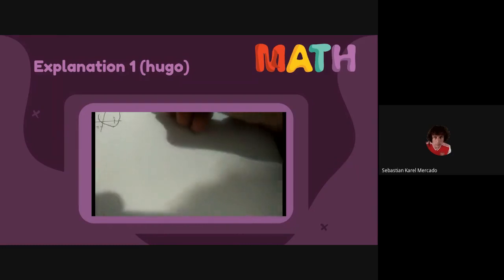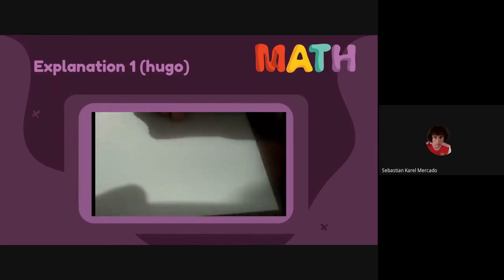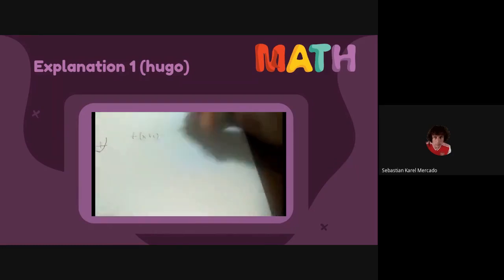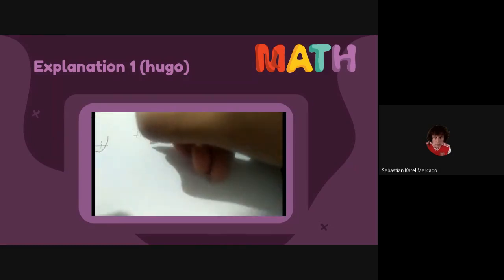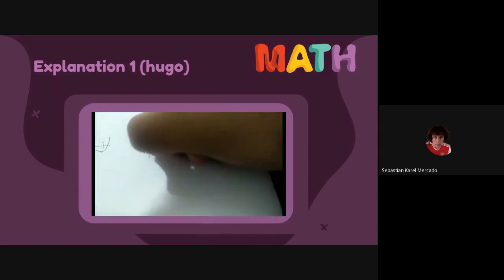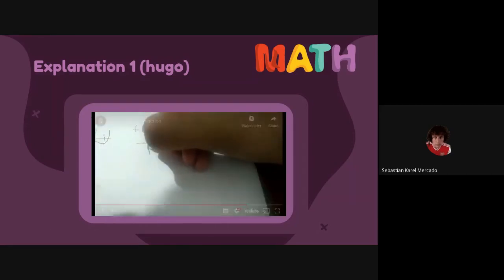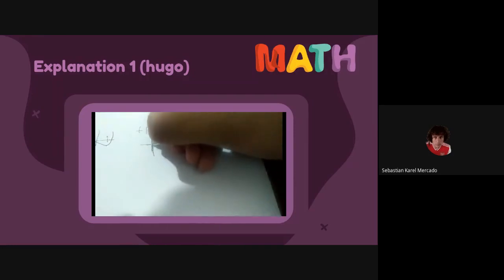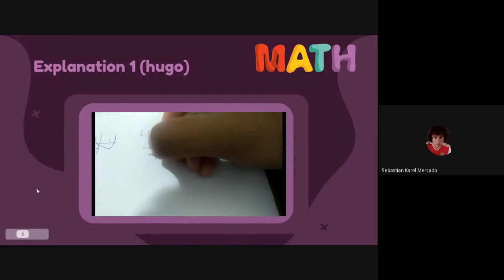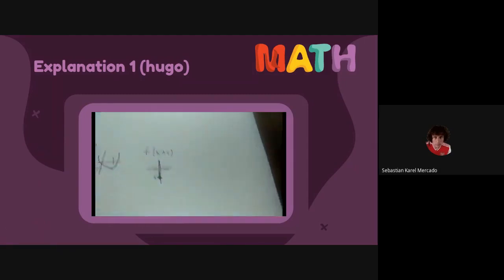And f(x + 2) becomes like this. I'm sorry for the bad drawing. This is 2, so we'll make the graph here, like this.